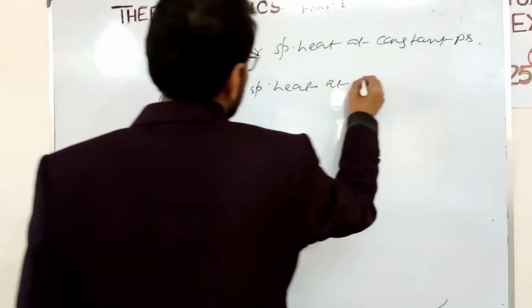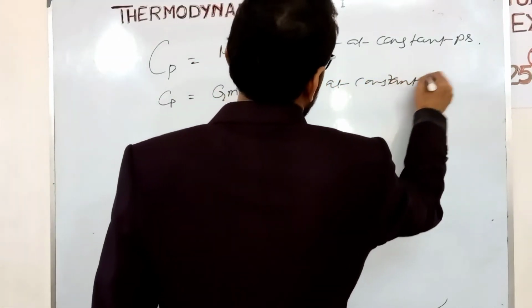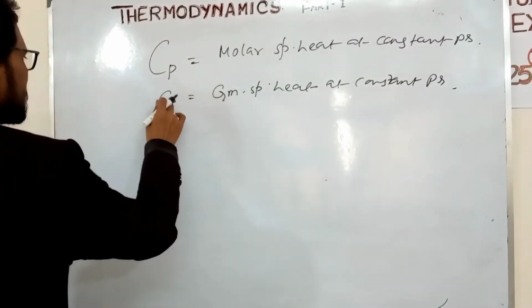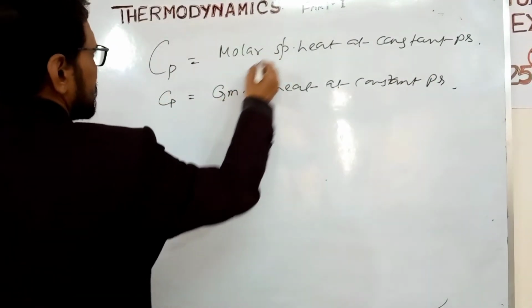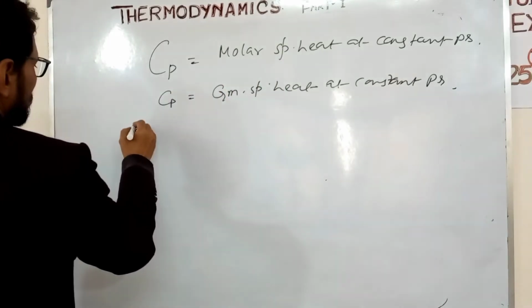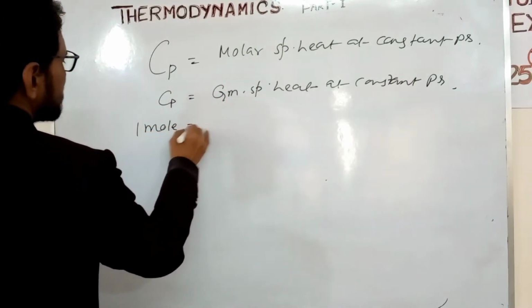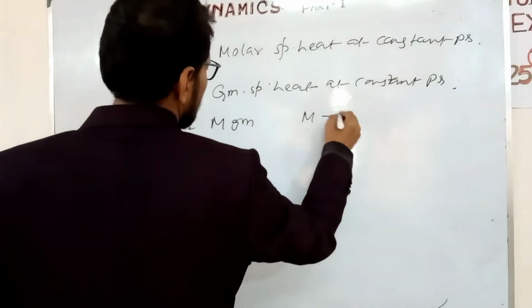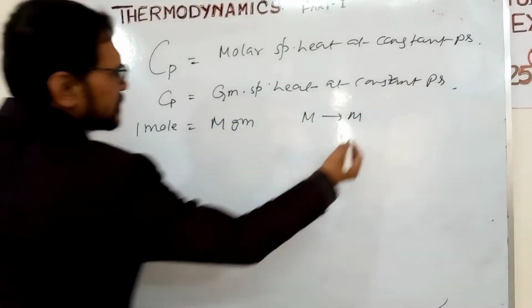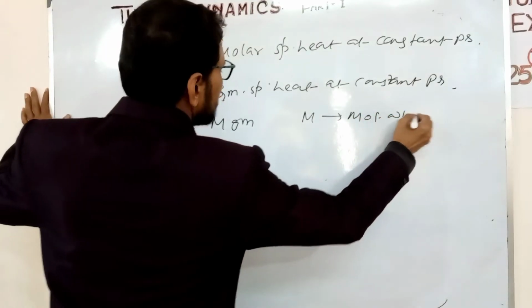Now at constant pressure, what is the relation between capital Cp and small cp? We know that 1 mole of any substance equal to M gram, where M is molecular weight.